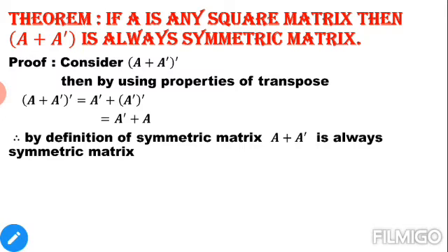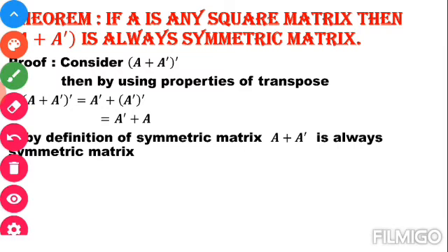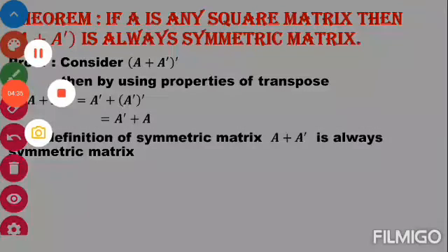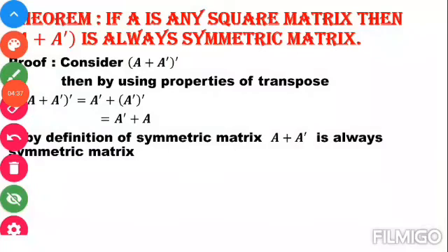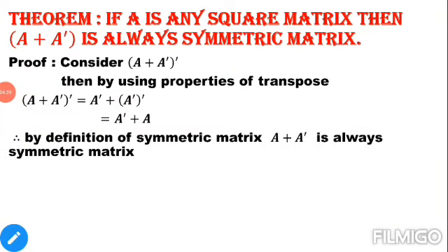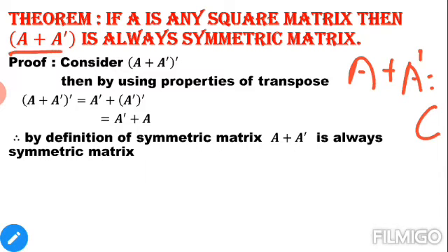If I want to show that it is a symmetric matrix, what I need to do is start with A plus A transpose as some matrix. Let's say A plus A transpose is equal to a matrix C.